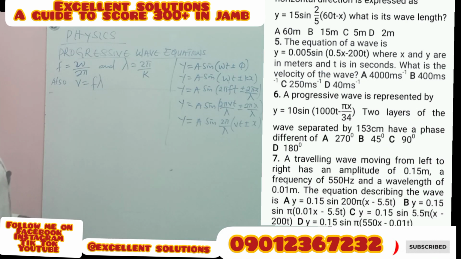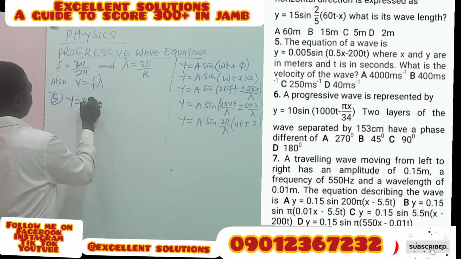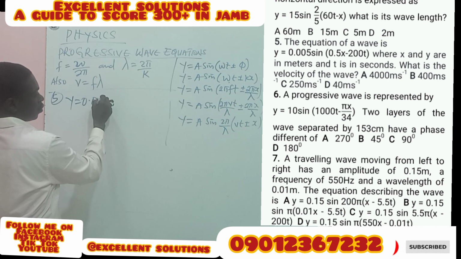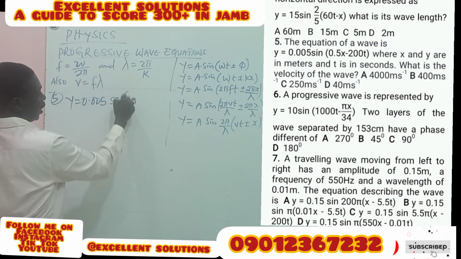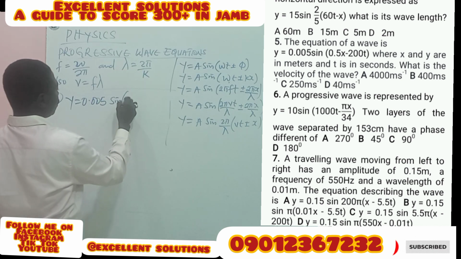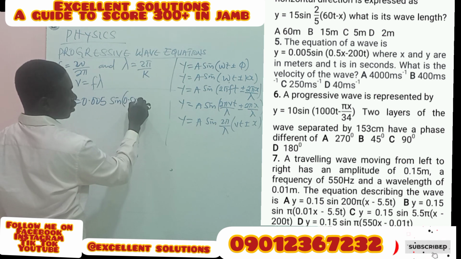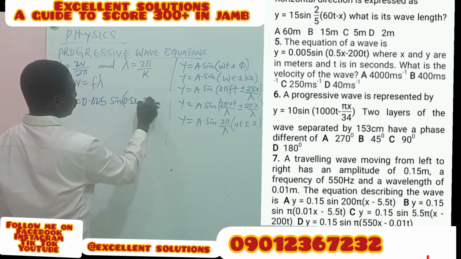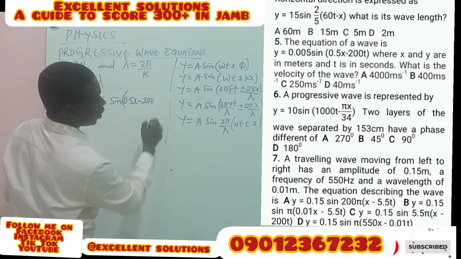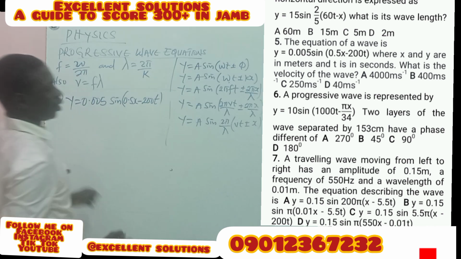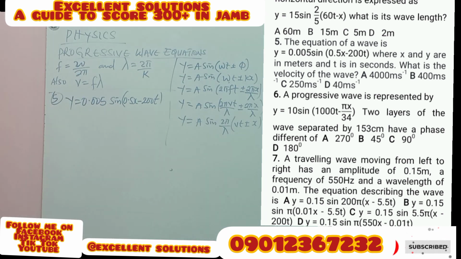The next question here is question 5. Question 5 says, the equation of a wave is y equal to 0.005 sine, we have 0.5 x minus 200 t, where x and y are in meters and t is in seconds.